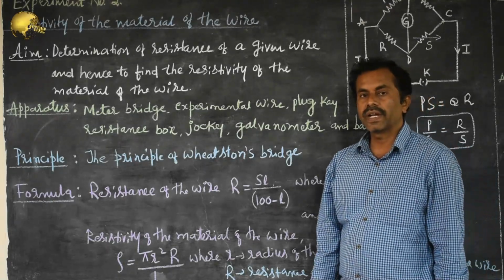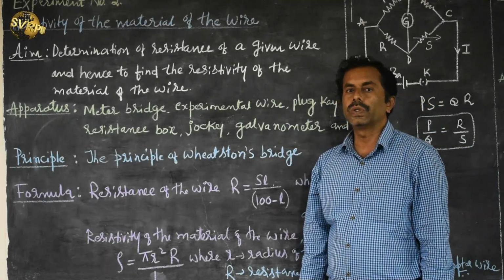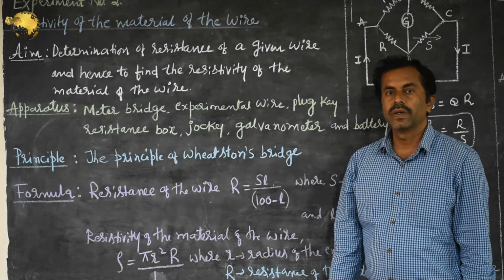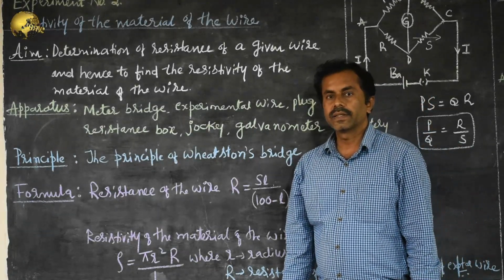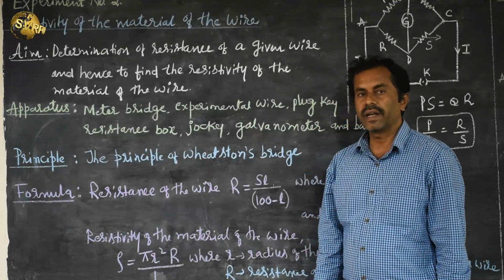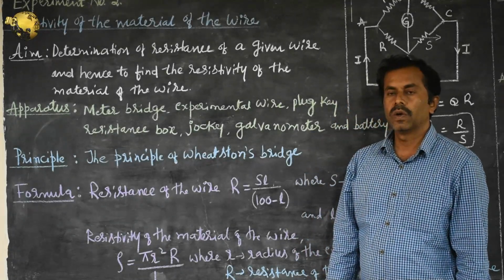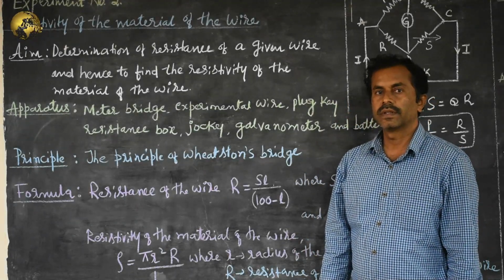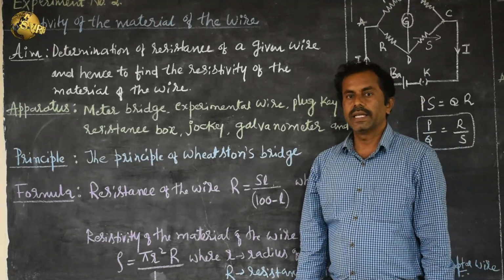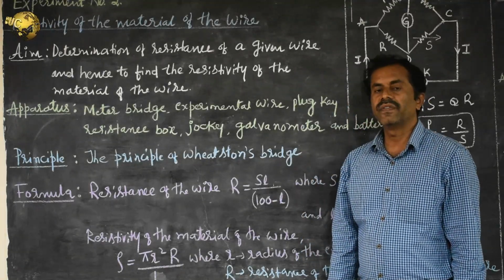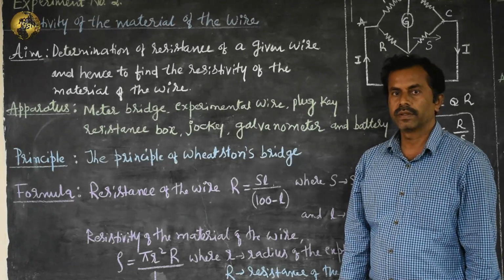The resistance of a conductor becomes equal to resistivity when length is 1 unit and area of cross section is 1 unit. Resistivity is different for different materials.